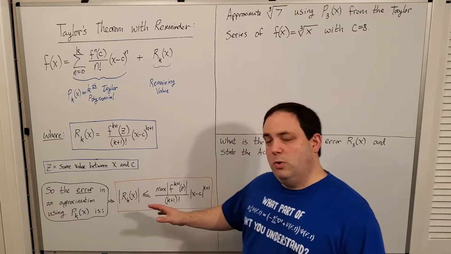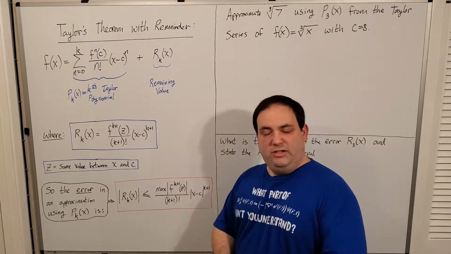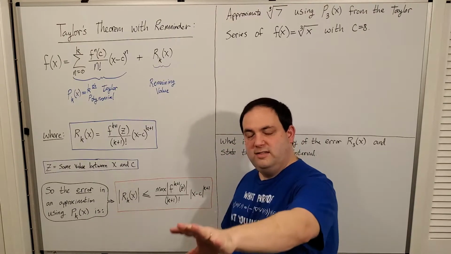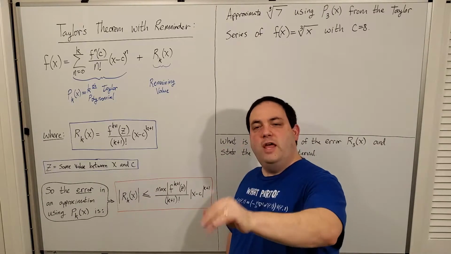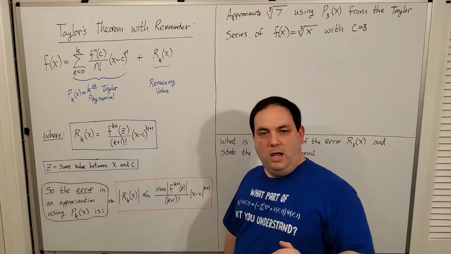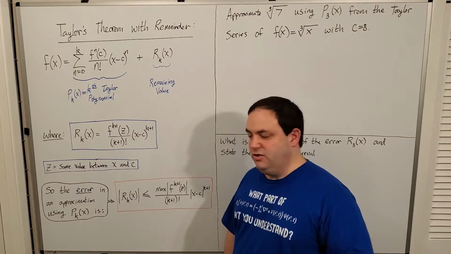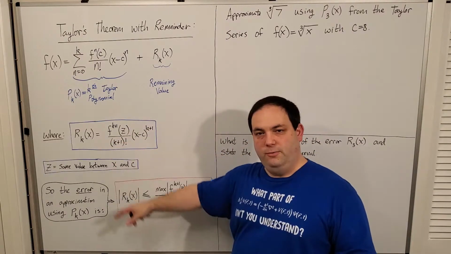Okay, but notice what we have here now. By changing this to using the maximum, it's usually pretty easy to just look at something and say, oh, it's decreasing, oh, it's sine or cosine, oh, it's something that I recognize, and I know that it has a maximum of blah, blah, blah, right? You can find a maximum output a lot easier than it would be to solve for the z that would give you the exact value.